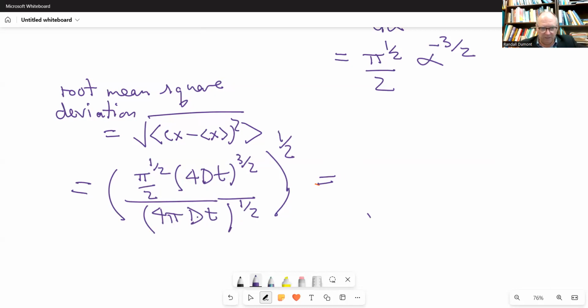So this 4 dt is going to cancel one of the 3 root of 4 dt factors that appear here. So that's nice. And the pi's cancel. So we get a half, that didn't cancel, times 4 dt, which is just 2 dt, all to this. Okay, I've left out the square root.